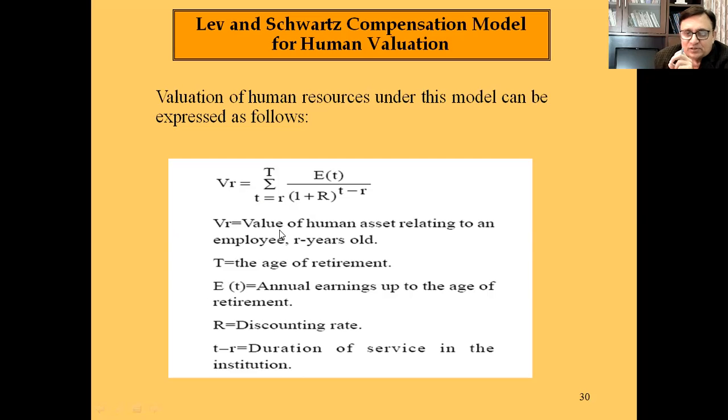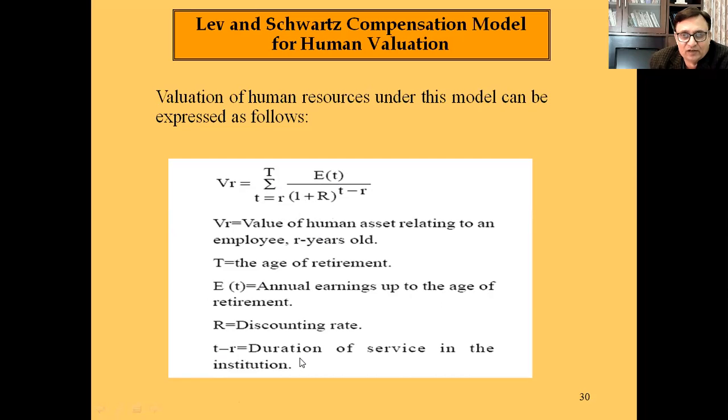So the value of human resources relating to an employee who is R years old is a summation of T varies from R to T. ET here is the annual earning up to the age of retirement that we will be calculating, R is the discount rate here, and T minus R is the duration of the services in the institution that we will be calculating.